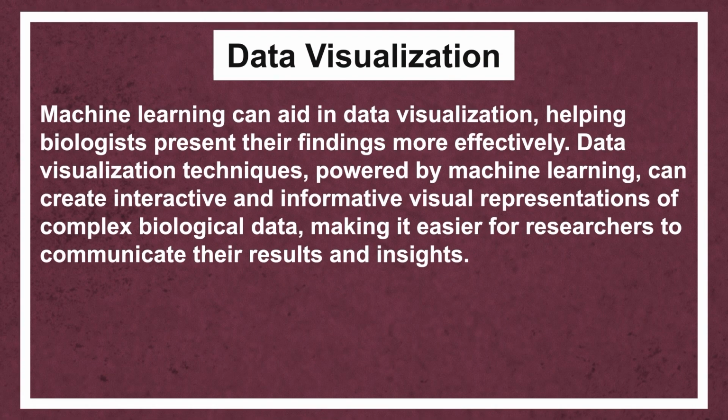Machine learning can aid data visualization, helping biologists present their findings more effectively. Data visualization techniques powered by machine learning can create interactive and informative visual representations of complex biological data, making it easier for researchers to communicate their results and insights.